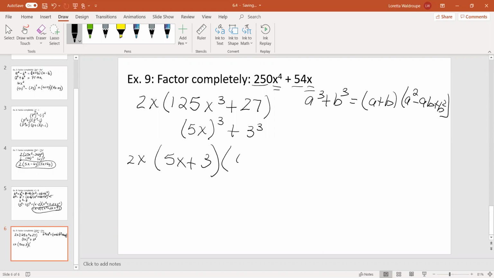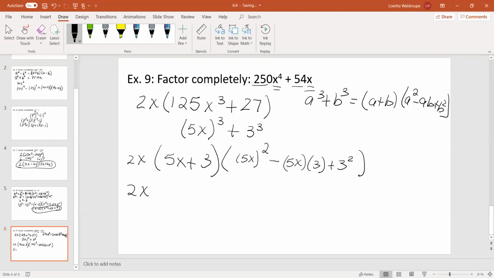The first squared. So since it's more than just x, make sure you put it in parentheses. Minus the first times the second plus the second squared.